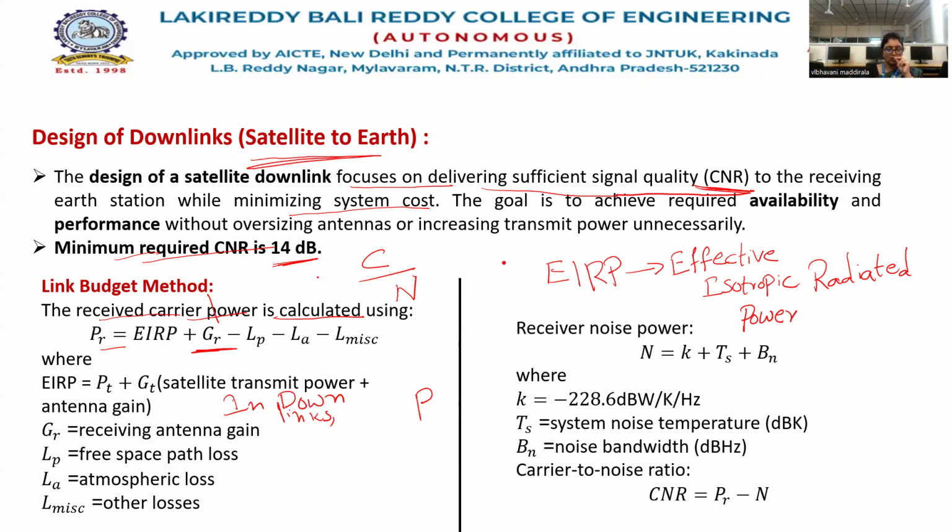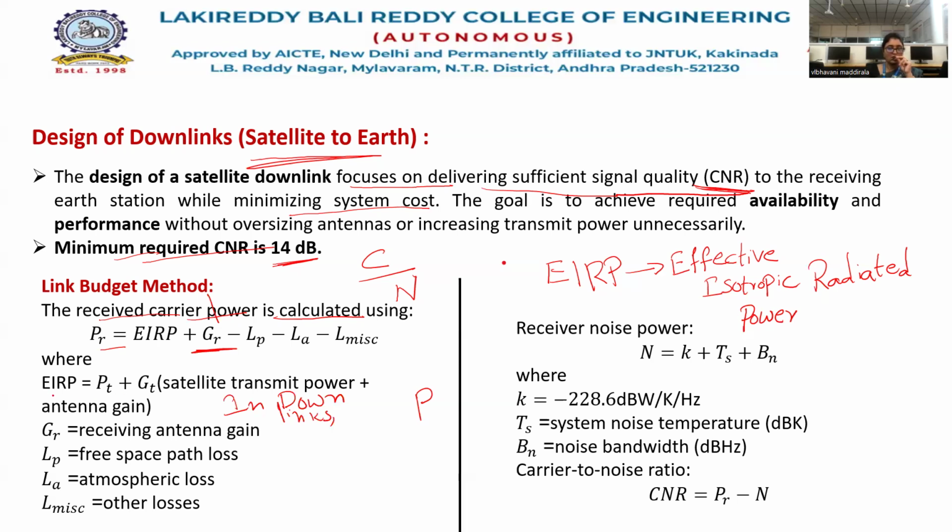The receiving antenna is the antenna which is located at the ground station. So this point we have to remember carefully. In downlink, the transmitting power is the power transmitted from the transmitting antenna located at the satellite. The receiving antenna represents the antenna located at the Earth station.